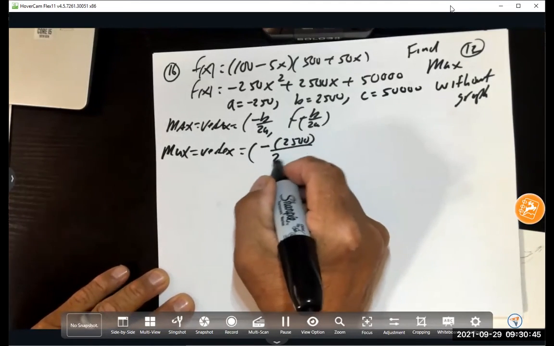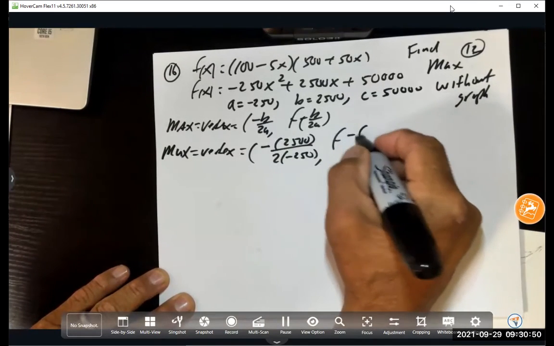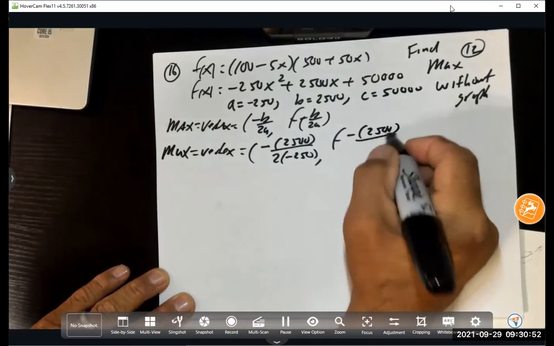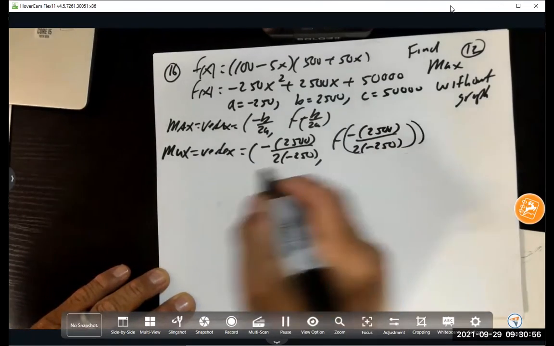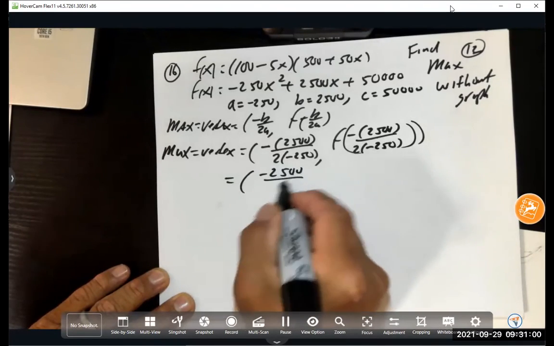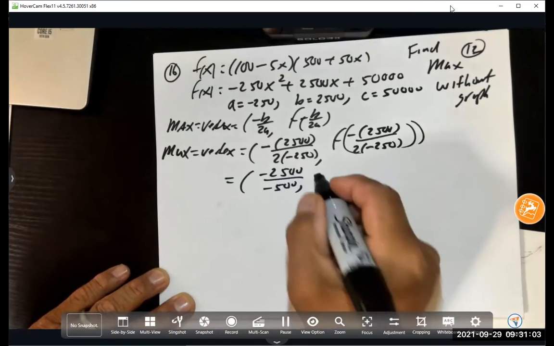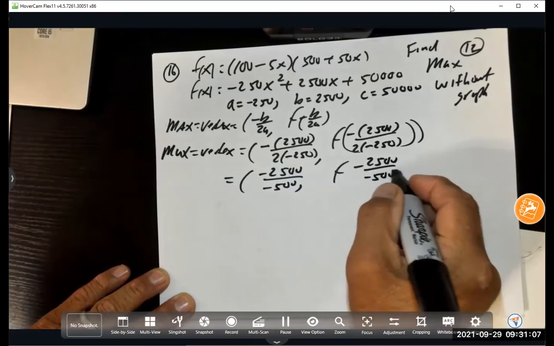And what is A? Negative 250. Then F of negative 2,500 over 2 times negative 250. So this is going to be negative 2,500 and negative 500 right there.